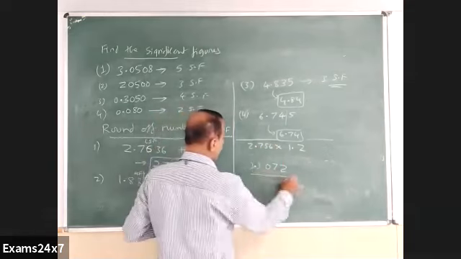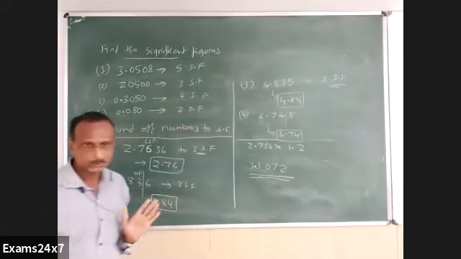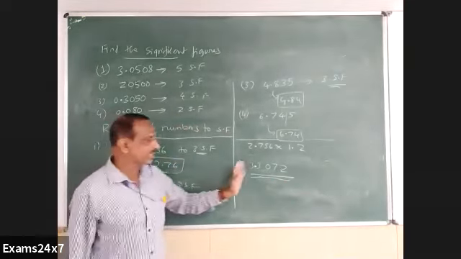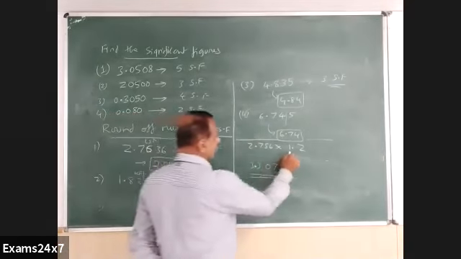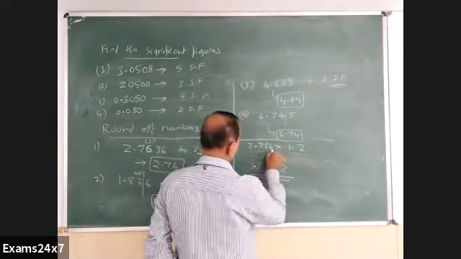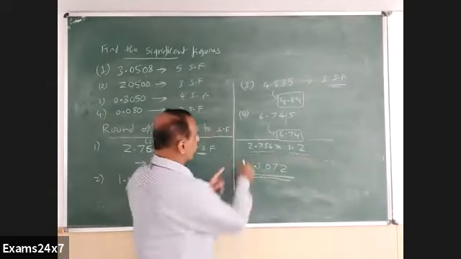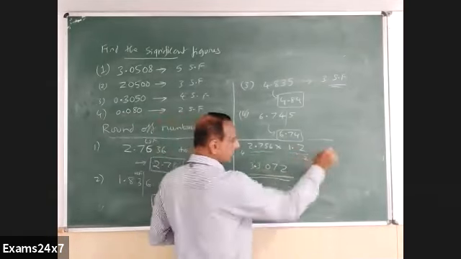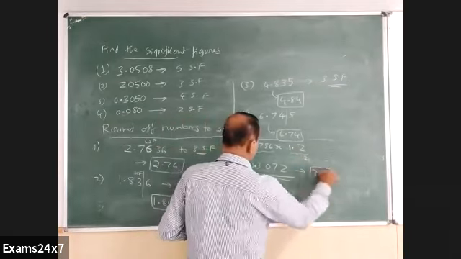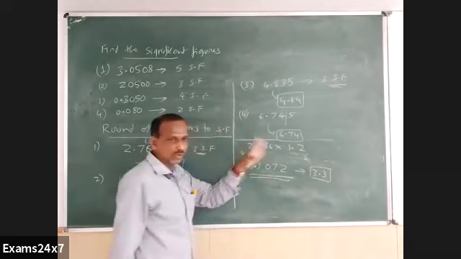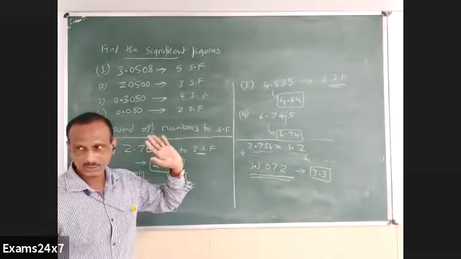So 3.3072 is my answer for this. I am not supposed to write the answer as 3.3072. According to the rules, significant figures you have to see in the data. Here we have 4 significant figures. Here you have a 2. So your answer must be of 2 significant figures only. The least one is taken as a reference.